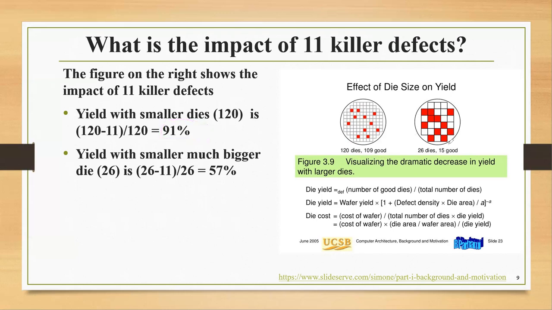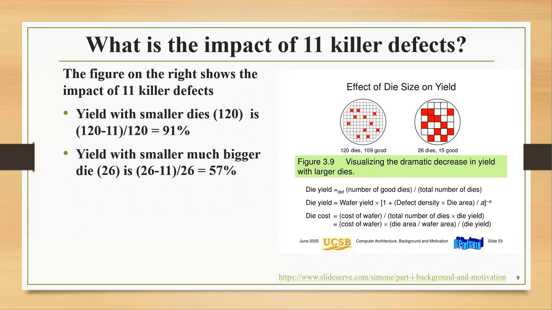On the same wafer, if my die is like an FPGA, such a large die, in this case I have 26 dies, but 11 of them are killed. I have only 15 left. So my yield immediately drops to 57%. So you can see that the effect of one killer defect is very different depending on the number of dies on the wafer.